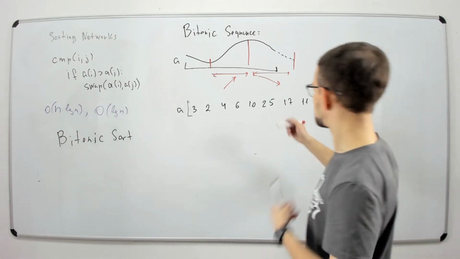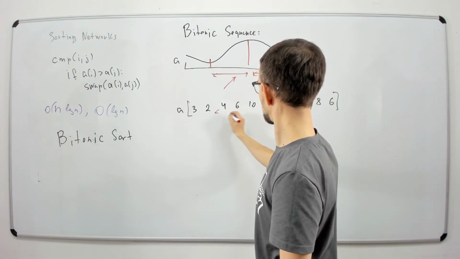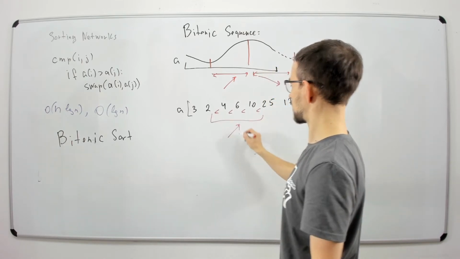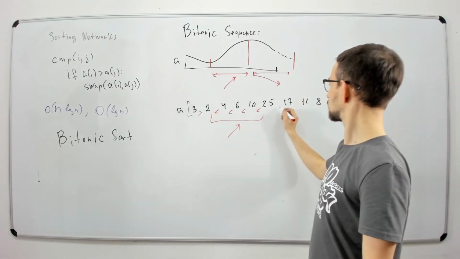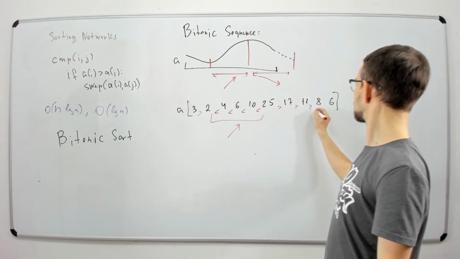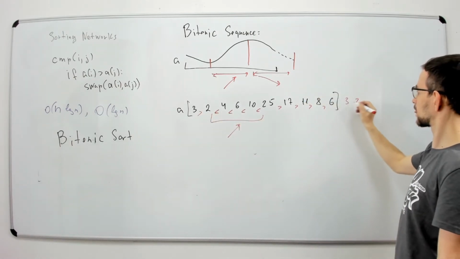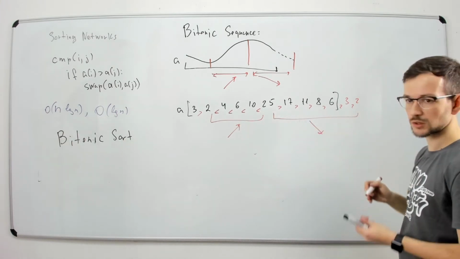So we have this part from 2 here. So here we have less. Here we have the increasing part, and here we have greater. And if we put this 3 into here, here we will have the decreasing part.